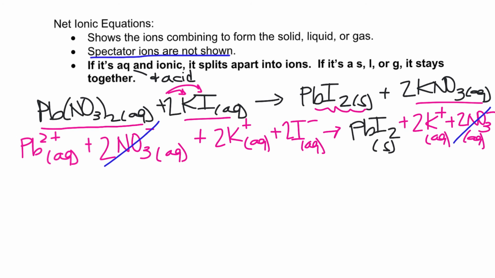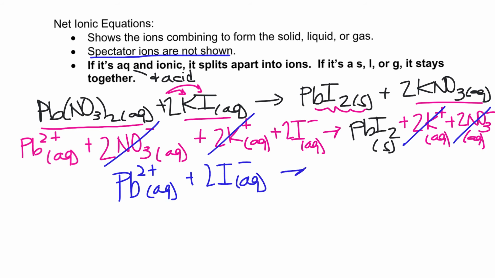We can also cross out the two potassium ions, and we can't cross out the two iodides. So we are left with Pb2+ plus 2 I- yields PbI2, which is your precipitate.